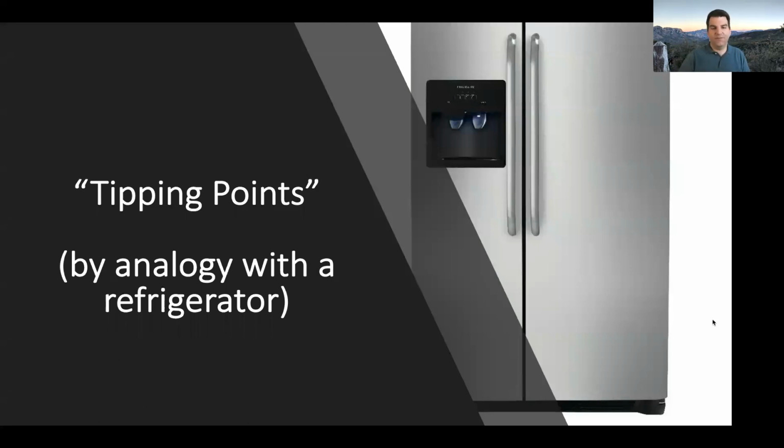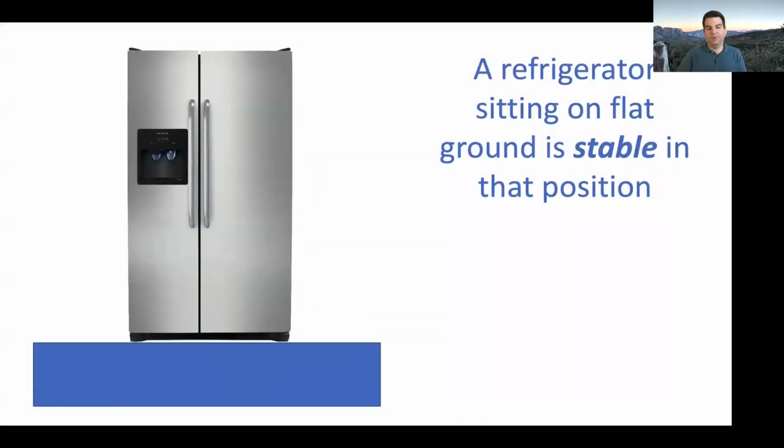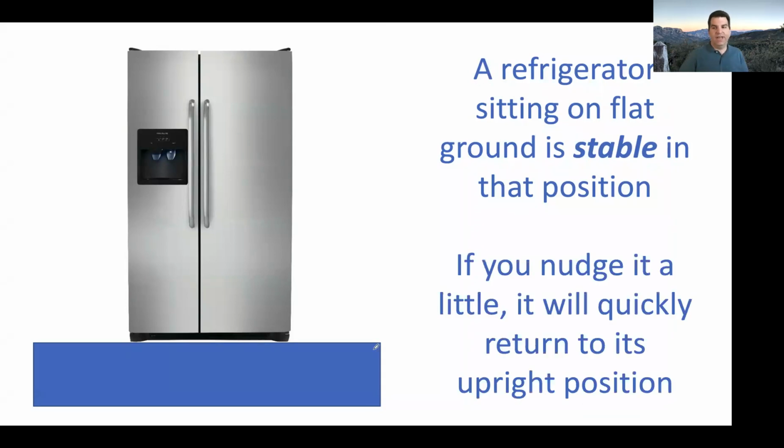And so imagine a refrigerator that is sitting upright and on the ground, where the ground is represented by this blue square here. If we take that refrigerator and we nudge it just a little bit, it might wobble a little bit, but it's going to then stand right back upright.